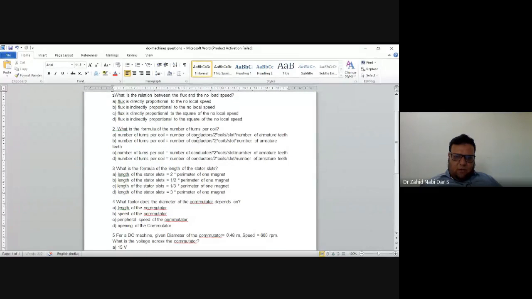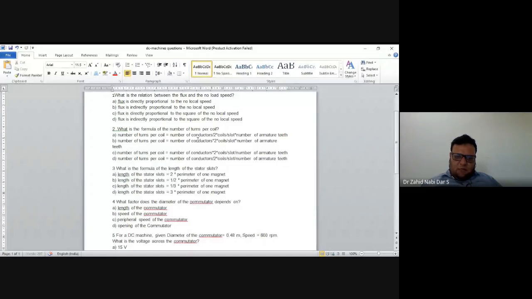What is the formula of the number of turns per coil? Number of turns per coil is equal to number of conductors divided by 2 into coils divided by slot into number of armature teeth. Option B: number of turns per coil is number of conductors into 2 coils divided by slot into number of armature teeth.